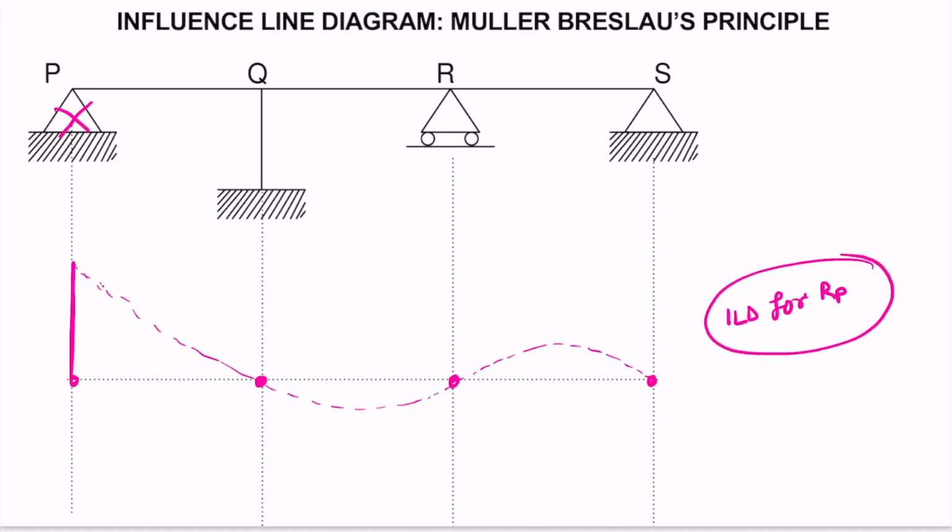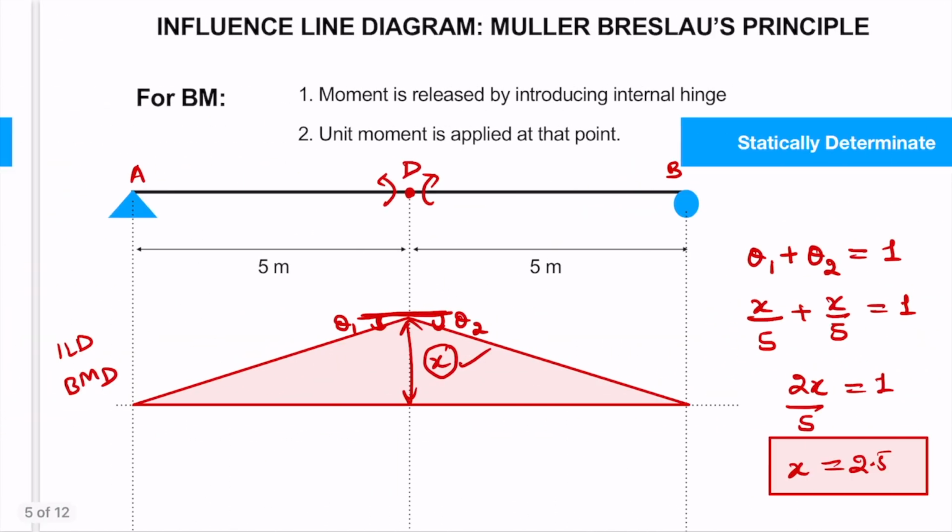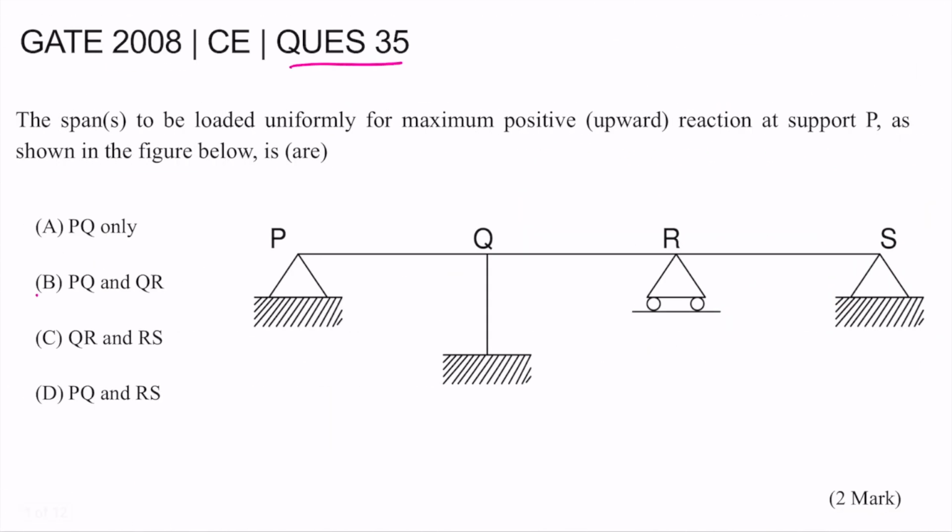So from this shape of ILD we can see that if we will load this span PQ and span RS, because they are having positive values, positive, negative and positive, then we will get maximum positive upward reaction at point P. Therefore our final answer will be option number D, that is PQ and RS. So if we will load span PQ and RS, we will get maximum upward reaction at support P.